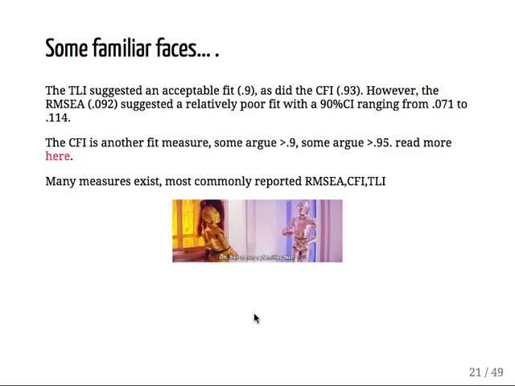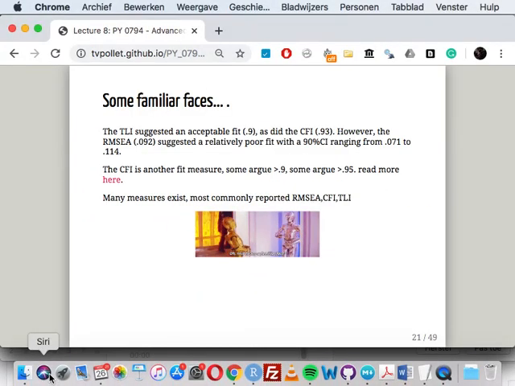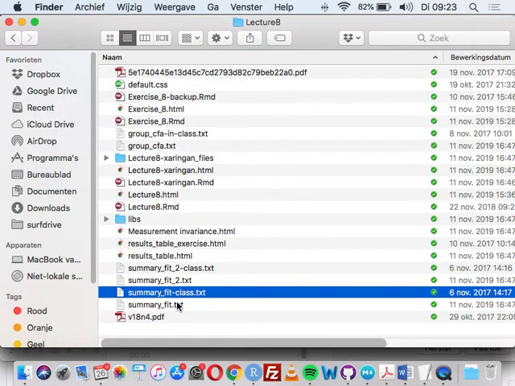So the CFI is another fit measure, and many measures exist, but most commonly people report the RMSEA, the CFI, and the TLI. You also have, what did I say? The SRMR. Where did it go again? The root mean standardized residual, or what? Root mean square. Too many measures.